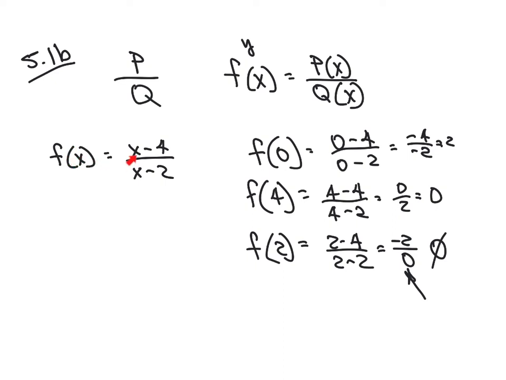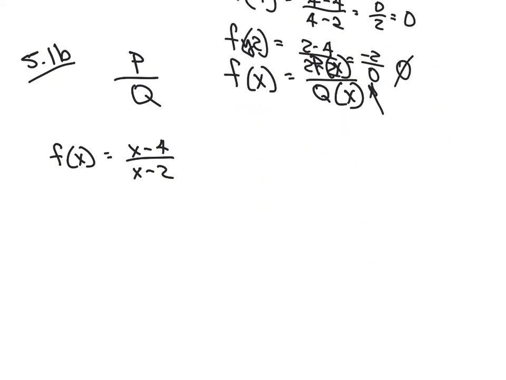So the domain is what numbers can we put in here for x. This problem says we can put any number we want in for x except 2, because 2 makes this undefined. So it's all real numbers except for 2. So that's what we're looking at when we're talking about the domain of a rational function. What numbers can we put in here for x that does not make the denominator 0? So that's that little section there.